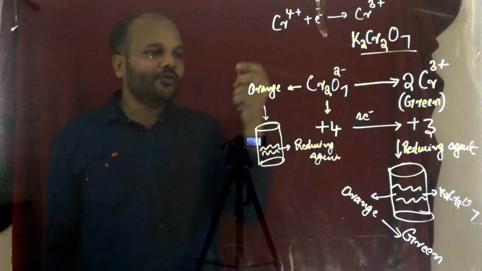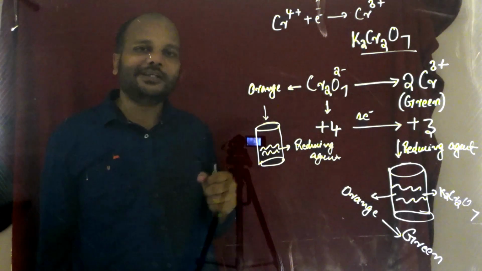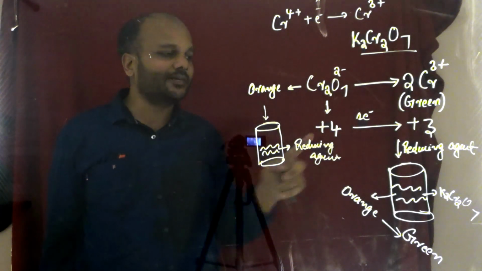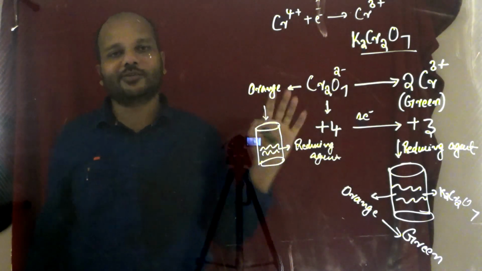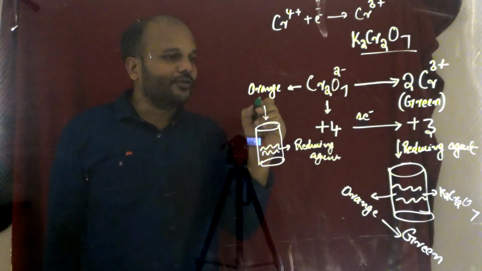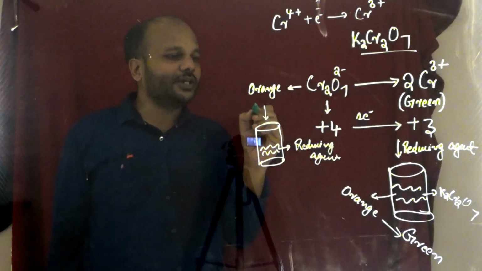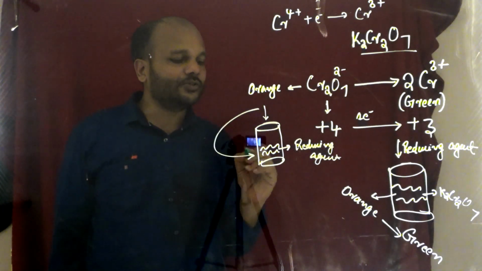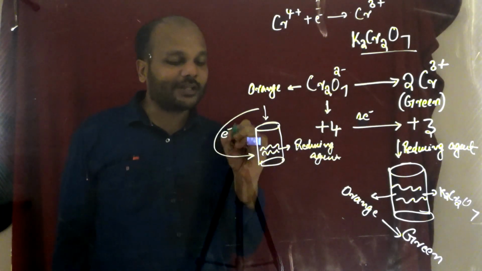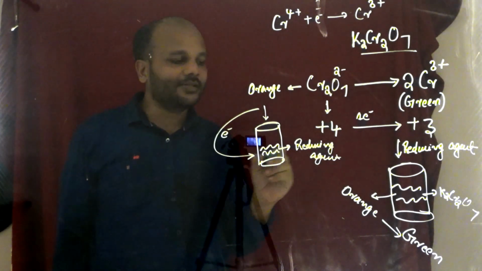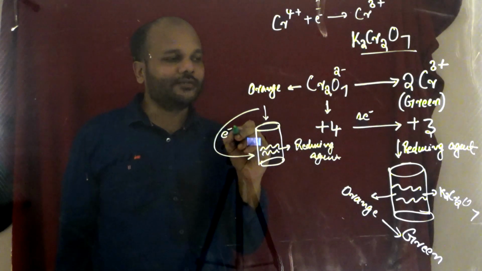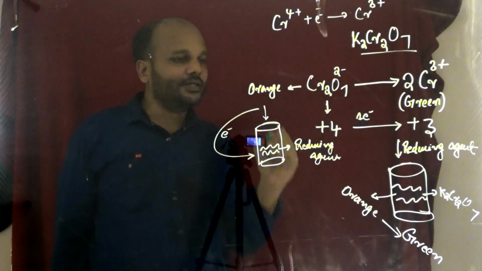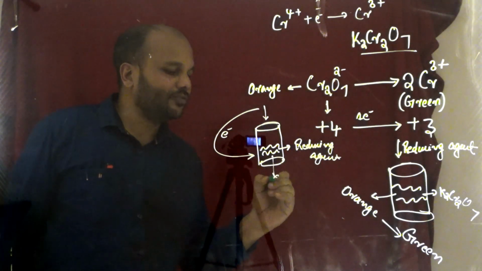The color of the K2Cr2O7 is orange when it is in the normal state. Once you add this K2Cr2O7 into this, if it is a reducing agent, the K2Cr2O7 is going to get the electron, so its color is changing to green color.